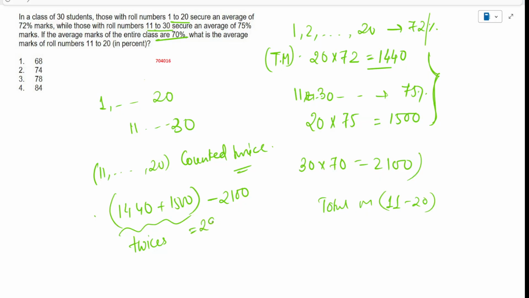This is 2940 minus 2100, equal to 840. And 11 to 20 means there are 10 students. So what is their average? 840 by 10, 84.